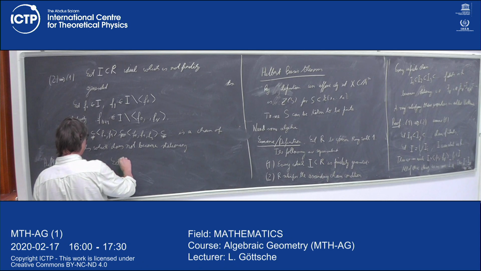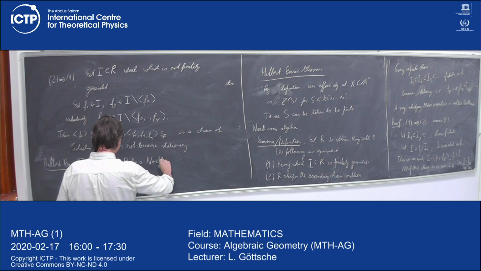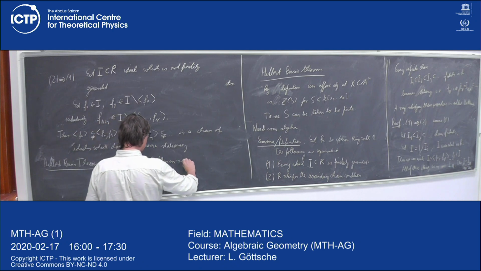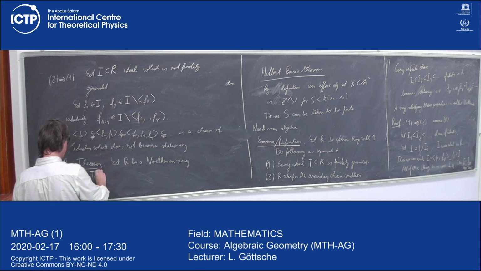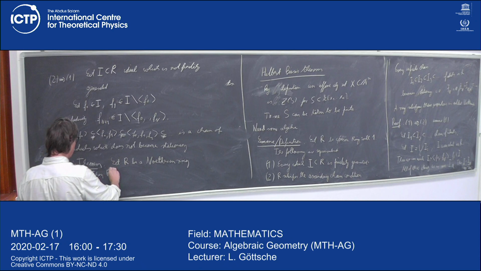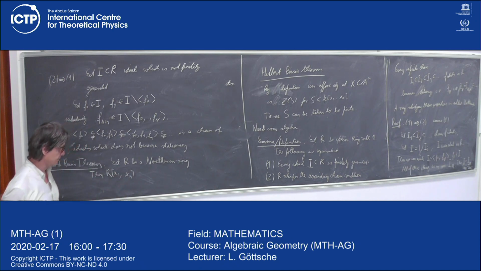Let R be a Noetherian ring. Then the polynomial ring R[x_1,...,x_n] with n variables is also Noetherian.